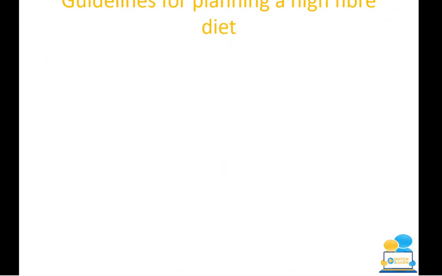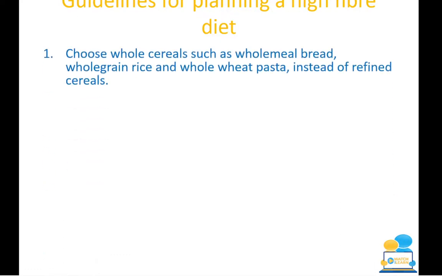So there are certain guidelines or rules which you should consider when you're planning a high fiber diet. So you should choose whole cereals like your wholemeal bread and your whole grain rice and whole wheat pasta instead of the refined cereals. So instead of going for your white bread, choose your brown bread, because there's a much higher content of fiber in it. You should eat high fiber breakfast cereals.